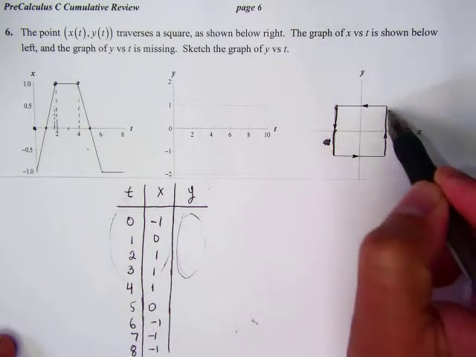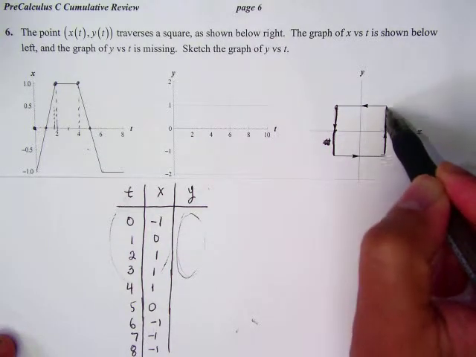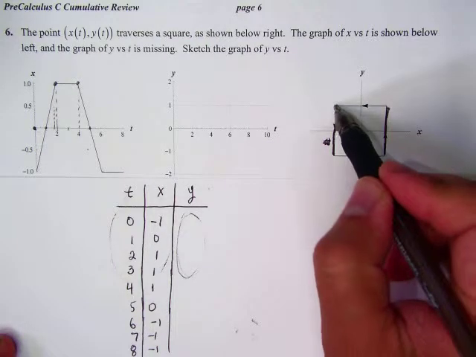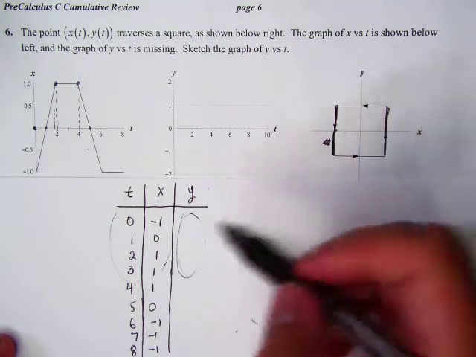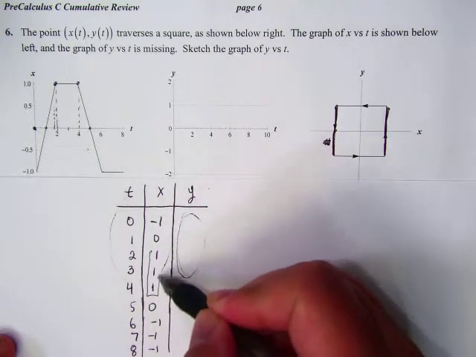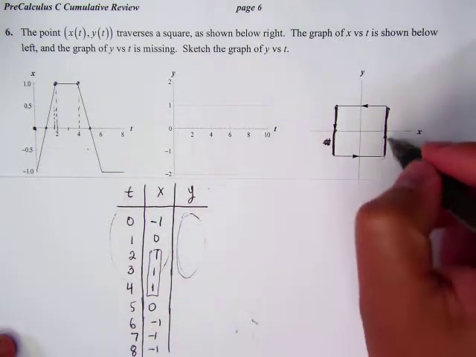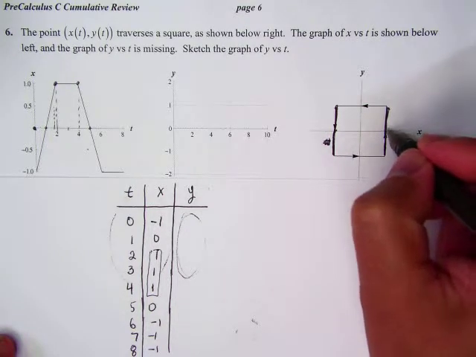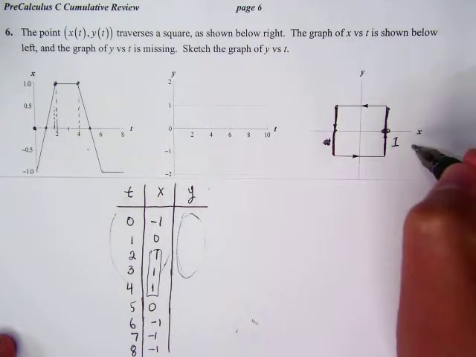Right along this line and this line, we see that x stays exactly the same. It's the same value of x all along here, and then the same value of x all along here. Looking at our chart, that happens when x is equal to 1. So my guess is this is the positive side. I'm going to guess that this is x equal 1 right there.